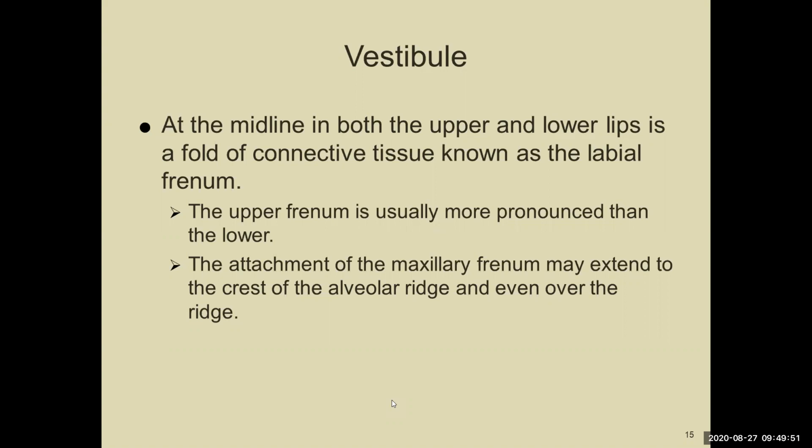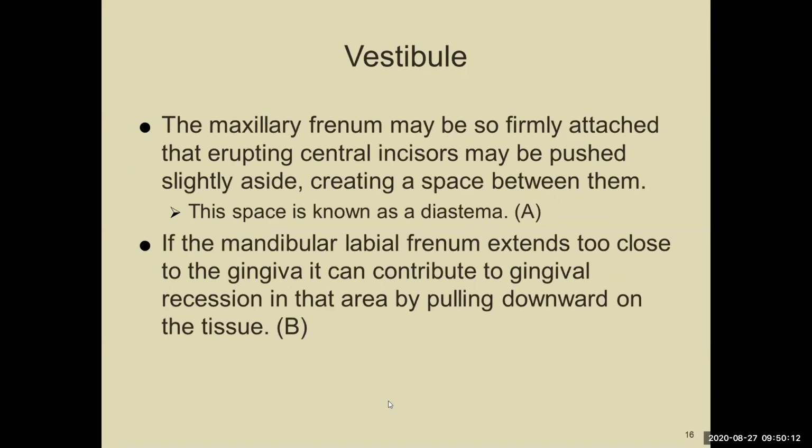Okay, so we're talking inside the mouth now, around our lips, the midline of the lips, underneath the nose and above our chin. We've got these frenum attachments. Depending on where the attachment is, it will dictate whether or not there's going to be a space between the two front teeth on top, or recession on the inside of the mandibular anterior teeth.